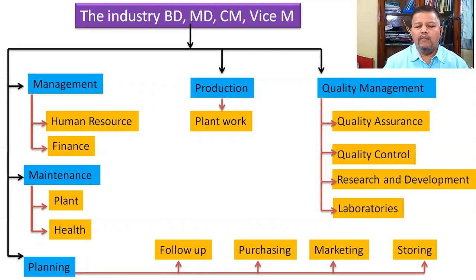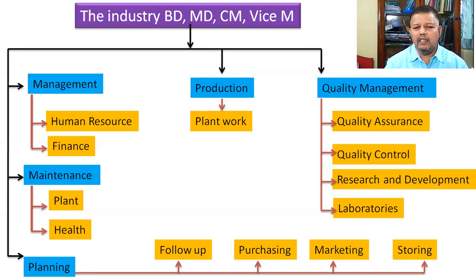Generally in the pharmaceutical industry, this is the framework. In industry, there is the board of management, board of directors, managing director, then managers, vice managers, and units like management, maintenance, planning, production, quality management.